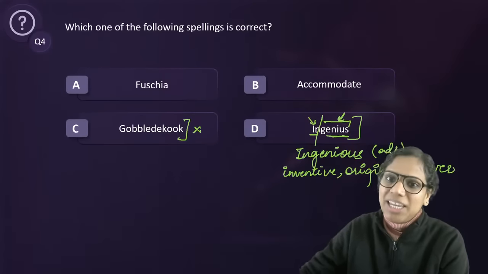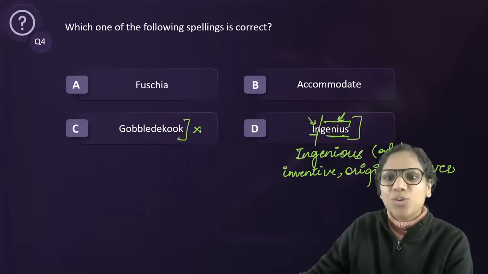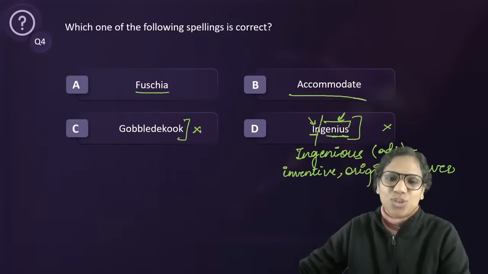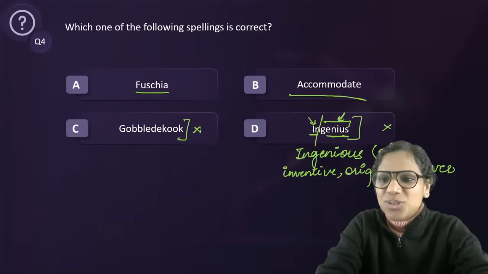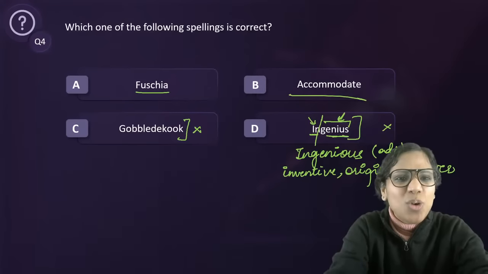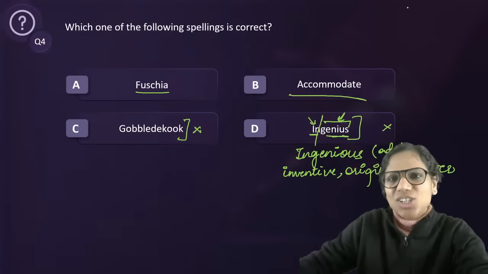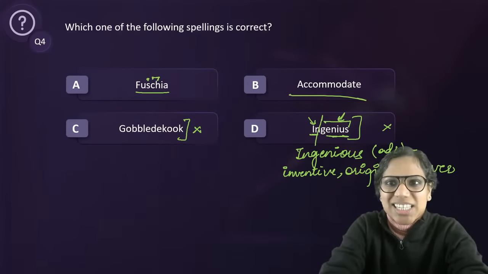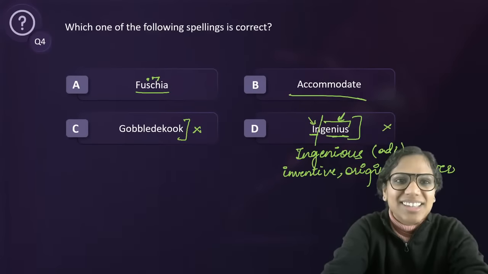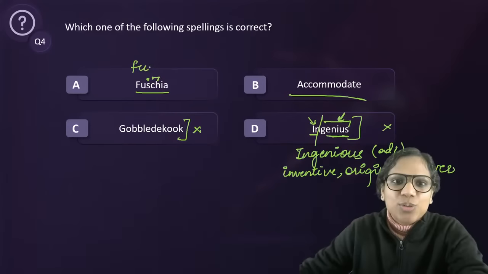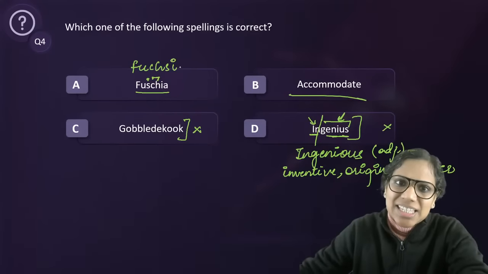But the spelling is not like genius. The spelling has OUS. So once you're sure about this, you're left with these two. Okay. So those of you who are fond of this color fuchsia, tell me what is the spelling? Is it SCHIA, this reddish purplish color, or is it FUCH and then S and IA?